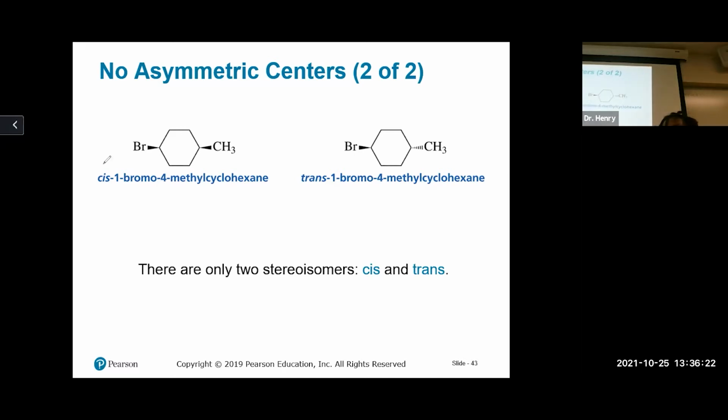And then I'll give you this name here, and you're going to have to tell me. 2 to the n. Well, but in this case, you only have 2 stereoisomers, right? So does that hold up? We have 2 chiral structures. Oh yeah, that's right. It would be 2 to the n, where n represents the number of centers that you have.